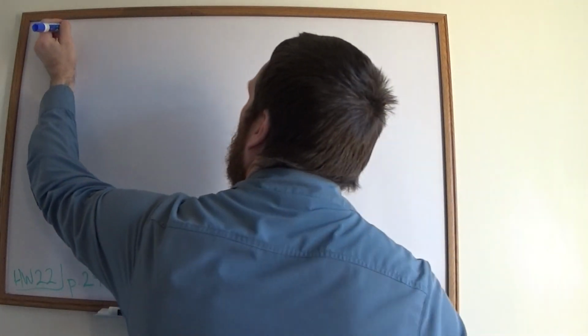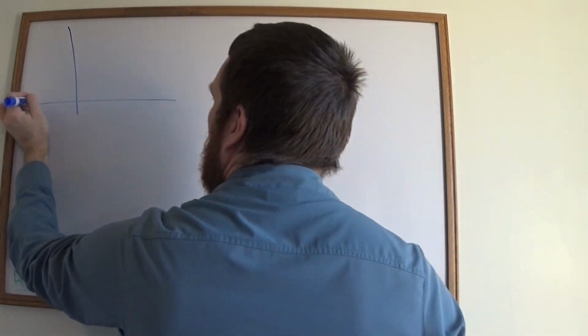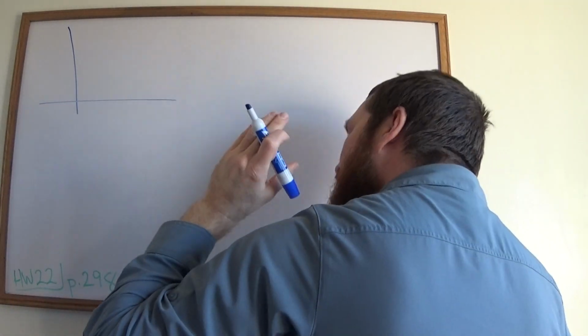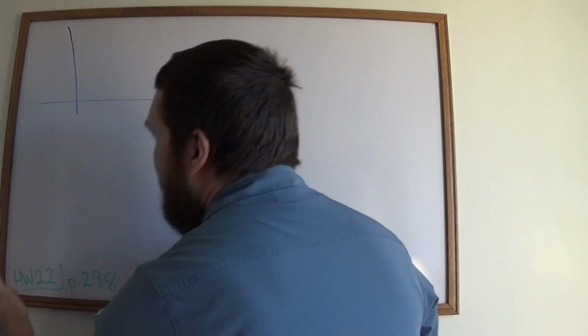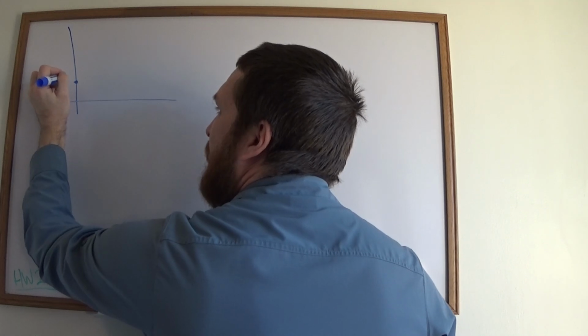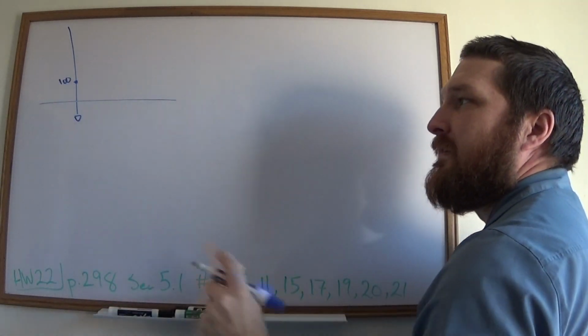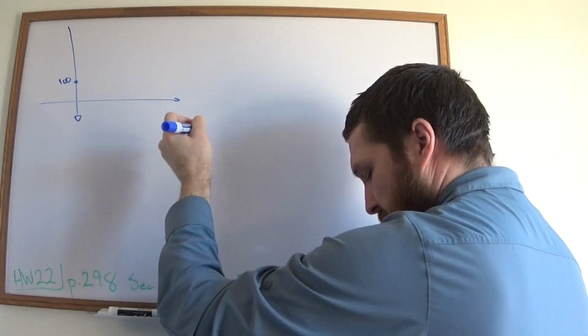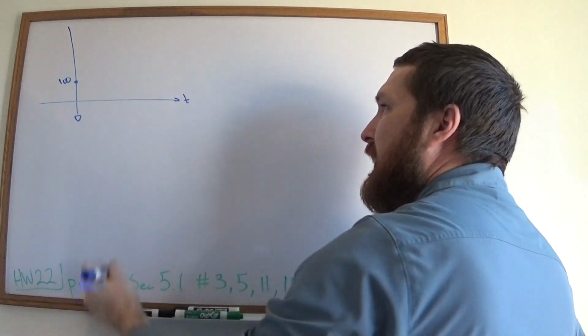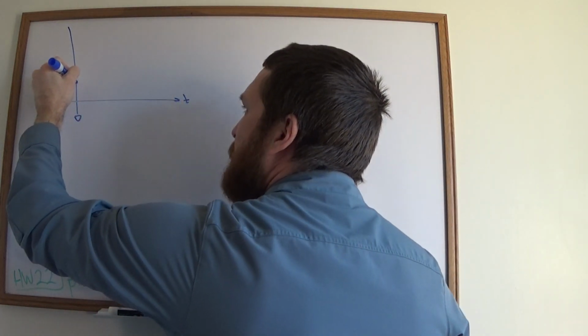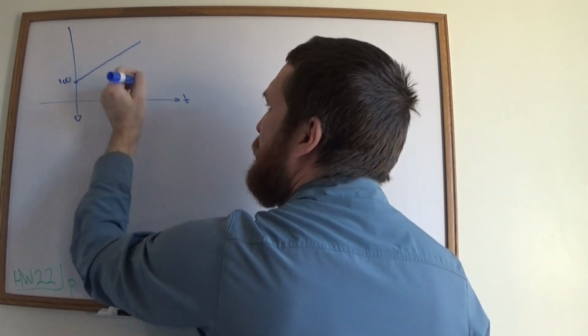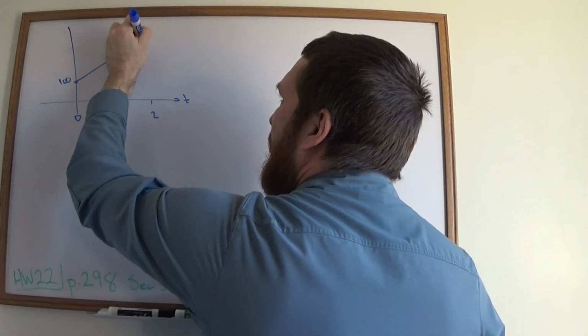Moving into chapter 5. Remember day 1 of calculus. I said, let's say that you get on I-5 at mile marker 100, and that's when you start your clock. Time is 0. And you're driving 60 miles per hour. And you drive for 2 hours. How far have you gone?